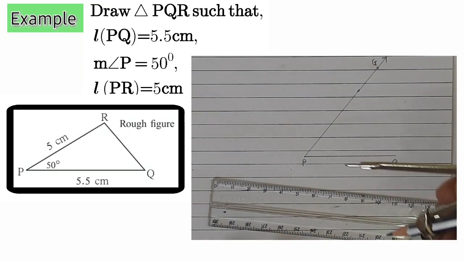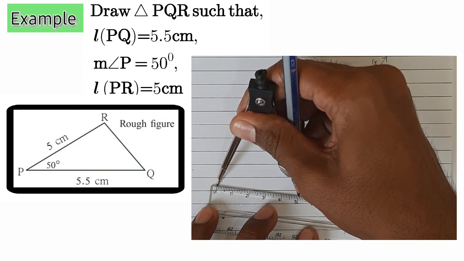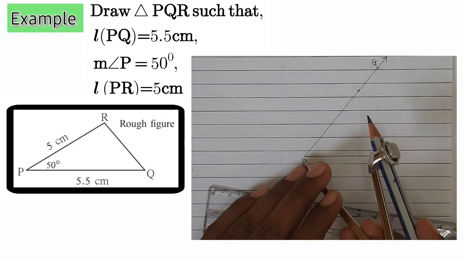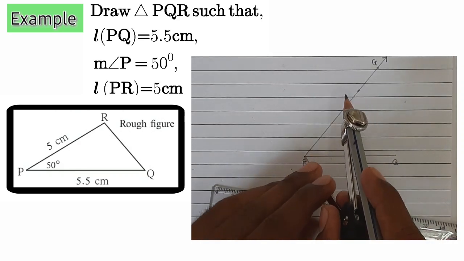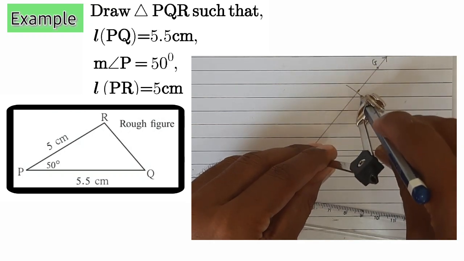Now open the compass to 5 cm and place the compass point at P and draw an arc to cut the ray PG.